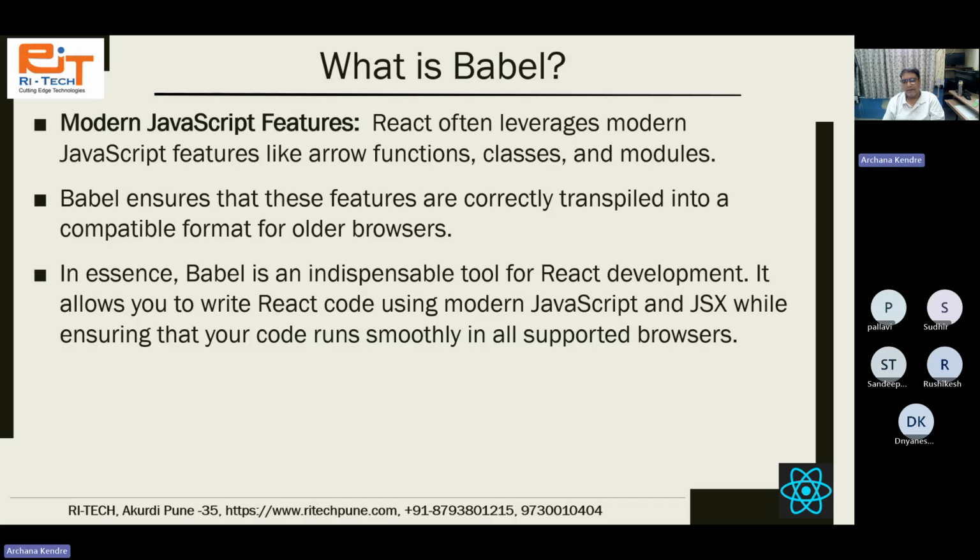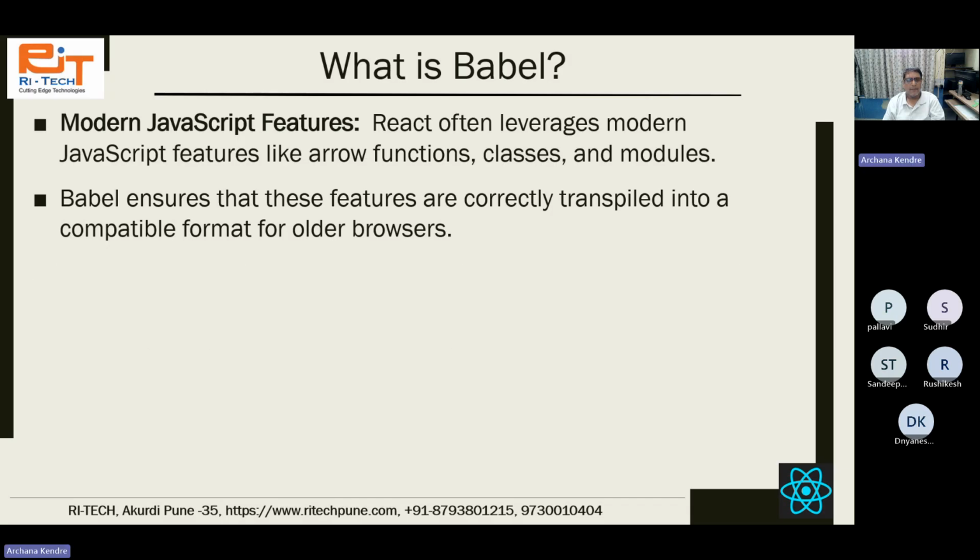So we need this compiler for two major reasons. First, to translate the JSX code into browser-compatible JavaScript. Second, with the help of this compiler, we can use modern features of JavaScript like classes, functions, modules, arrow functions in React. Fine.